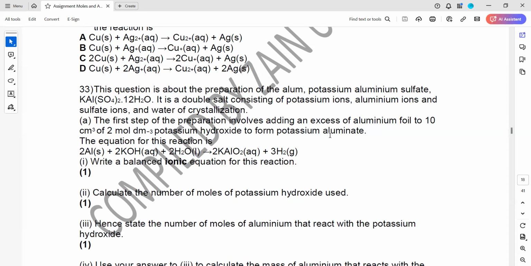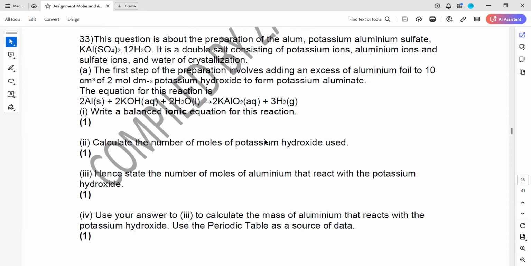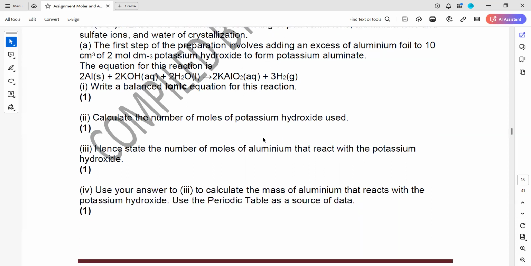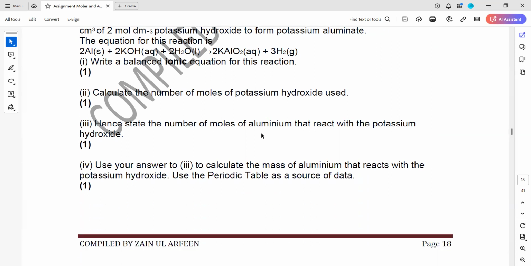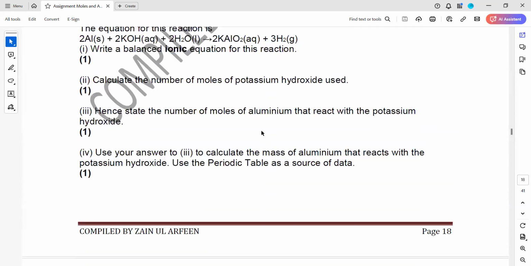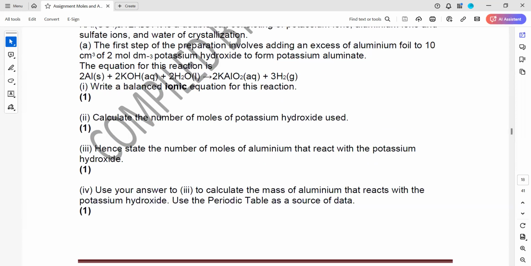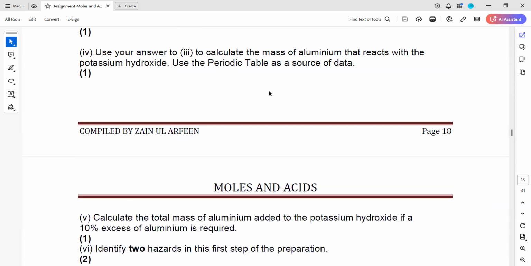And then it forms potassium aluminate. And the second thing, hydrogen gas is there. Whenever hydrogen gas is released, it is flammable and can catch fire. So one is related to the potassium hydroxide, and another you can refer to the hydrogen.